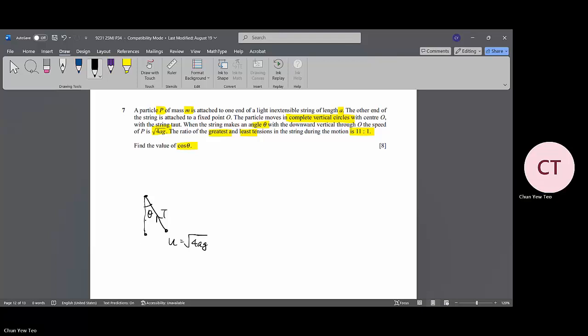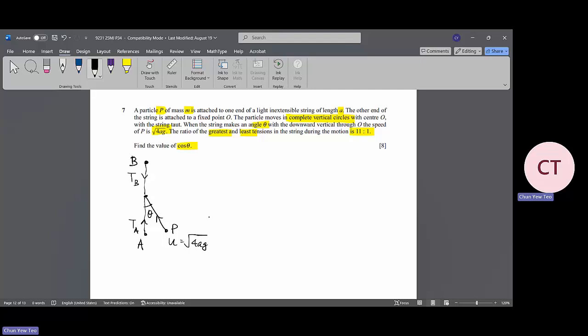I call this point A, and I call the highest point B. This tension is TB.